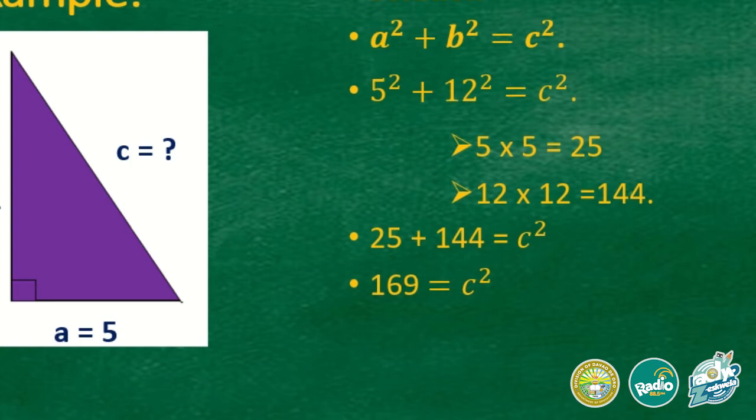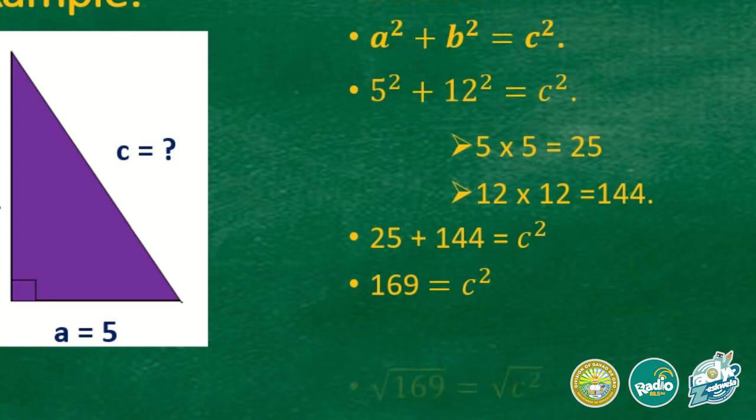But since we are looking for the value of c, we need to find a way to eliminate the square. To eliminate exponent 2, we need to find the square root of both sides of the equation.